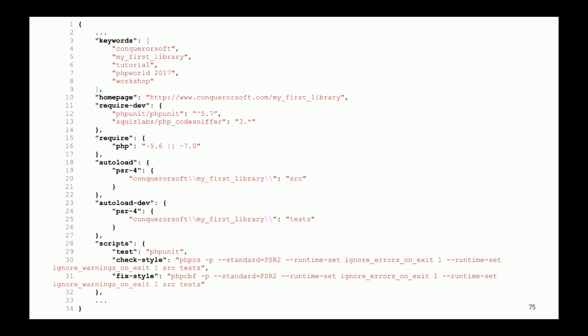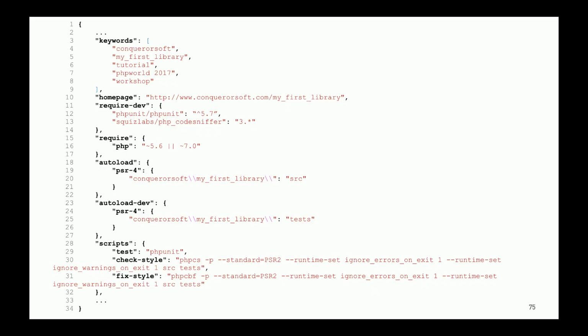Since we are going to start development, now we are going to require PHP code sniffer. So we are going to be complying with PSR2. Also, we will provide a way for our software to be auto-loaded. So we are going to provide the autoload and autoload-dev keys complying with PSR4. Our library for the autoload is going to be under src.